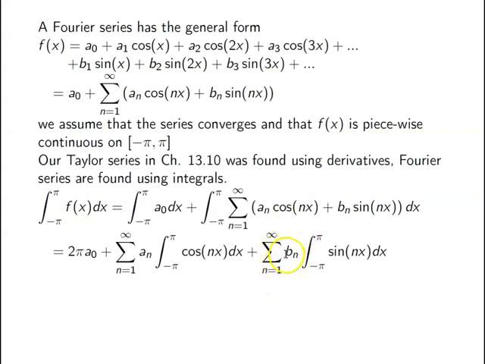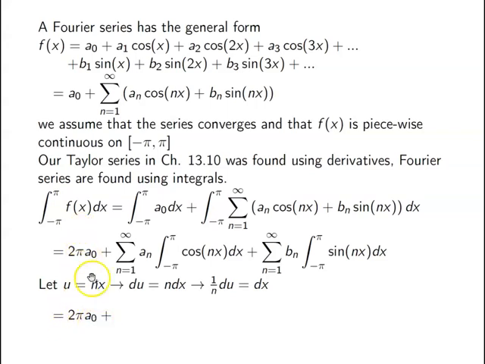I'm summing up all the coefficients bn times the integral of each of these sine n x's. So let u be nx. Then du is n dx. And to solve for dx, I have 1 over n du, right? So we'll do a quick substitution here.